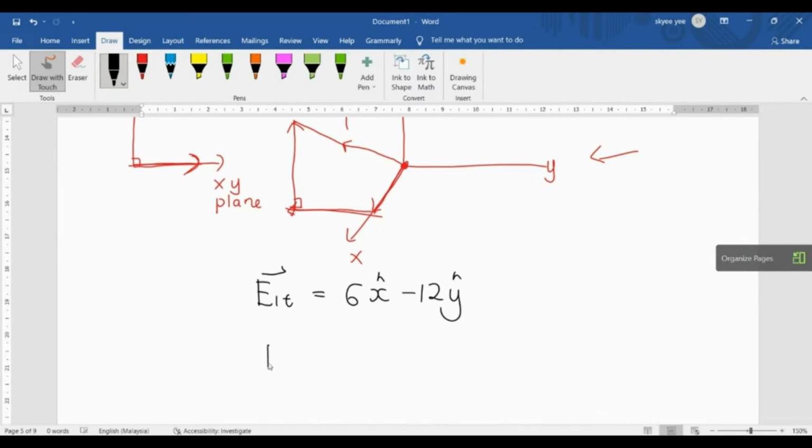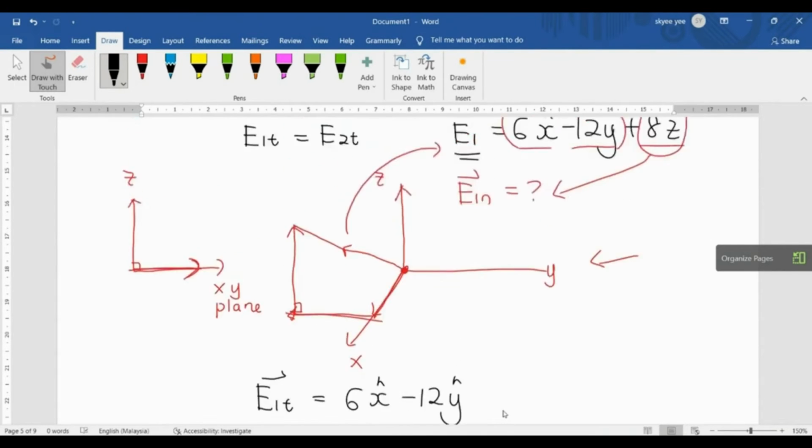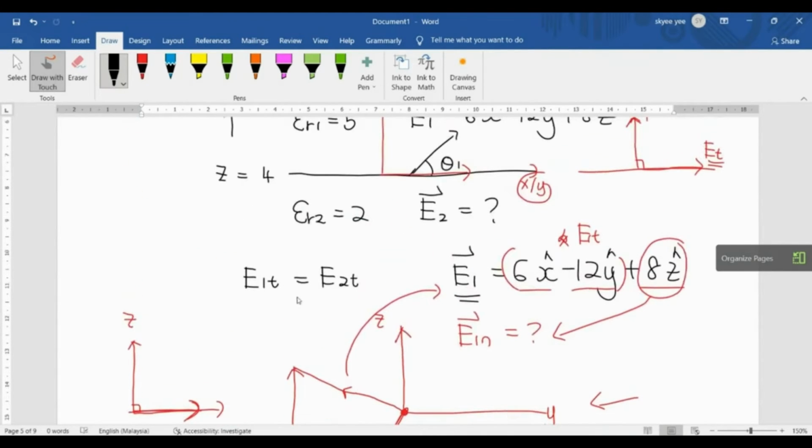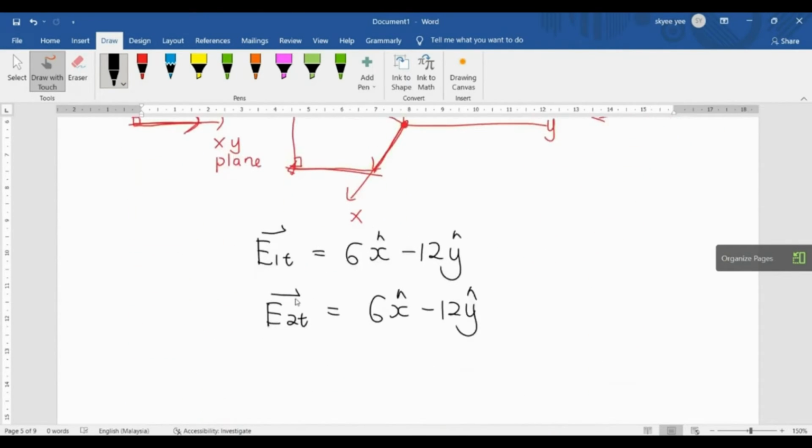Our E2 tangential will be equal to 6x minus 12y as well. Very simple, because this is their relationship: the tangential electric field will not have any changes when it crosses two mediums.